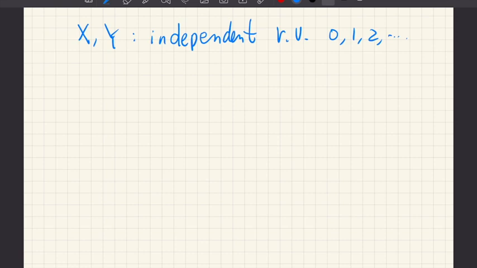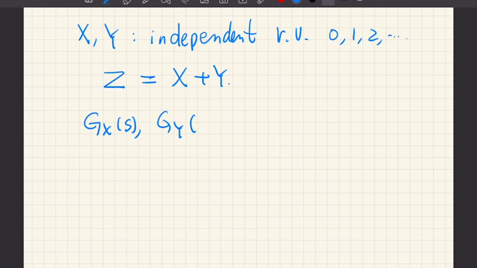Then let's define a new random variable z by x plus y. Okay. And if we have the probability generating function for x and the probability generating function for y, then what is the probability generating function for z?